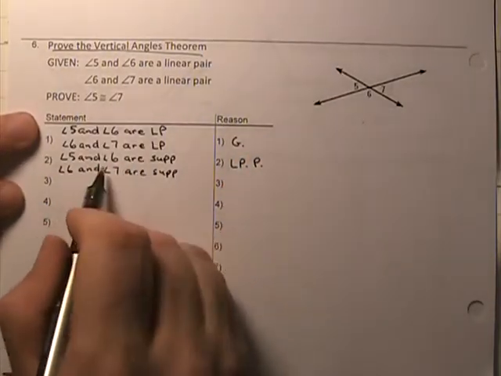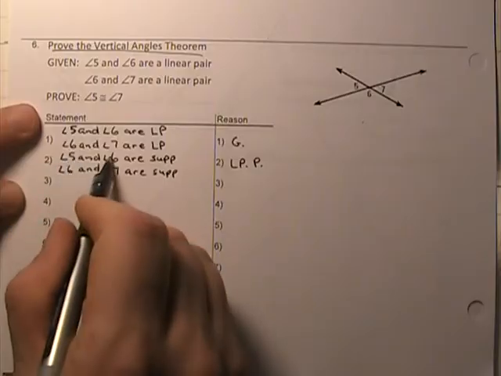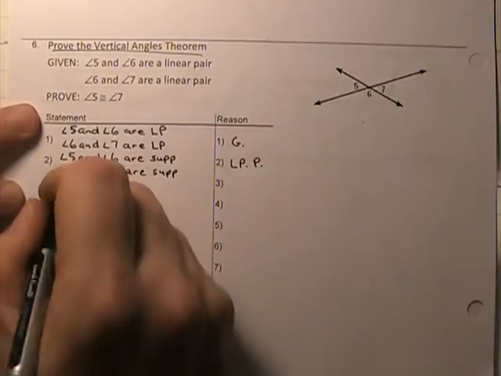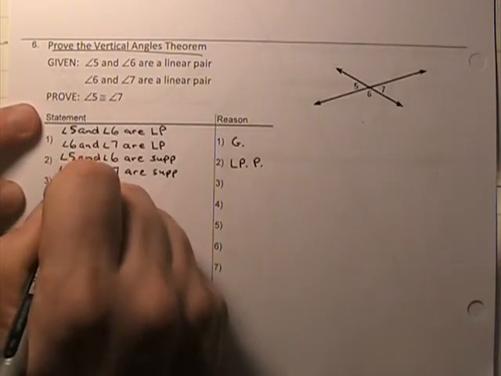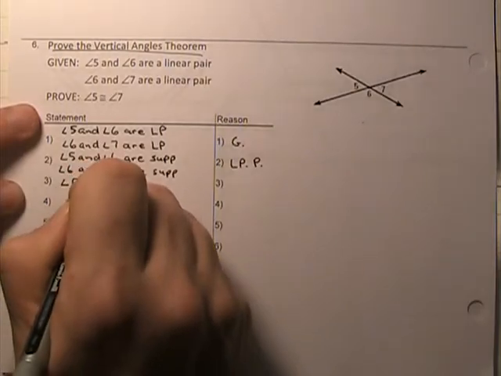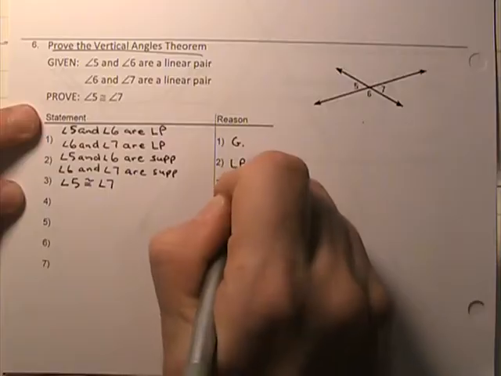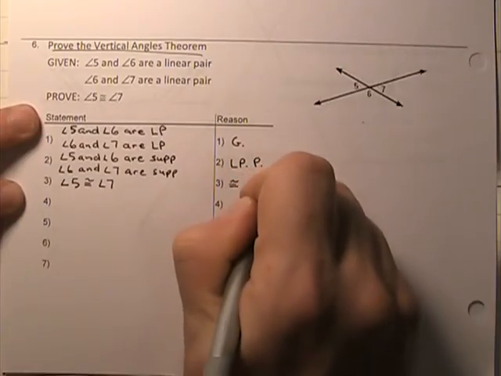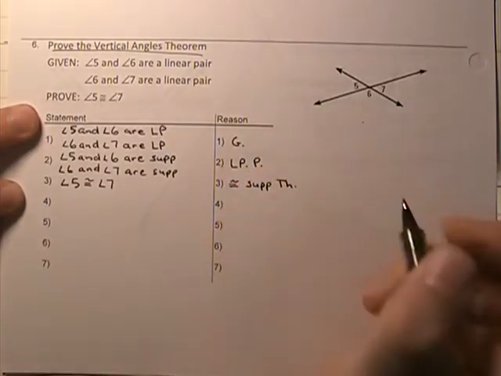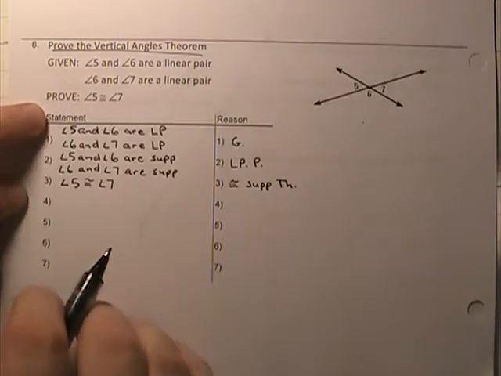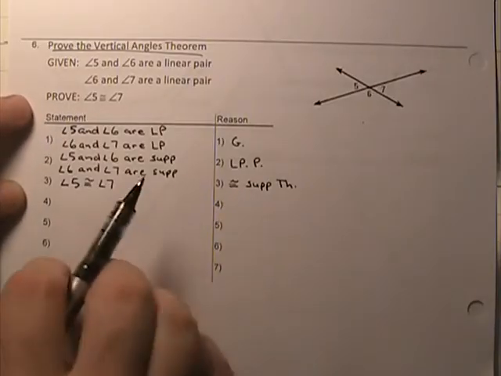So if they're a linear pair, they're supplements. Supplements to the same angle are congruent. Angle 5 is congruent to angle 7. That's the congruent supplements theorem. Alright, so that one wasn't too bad as long as you remembered the congruent supplements theorem.